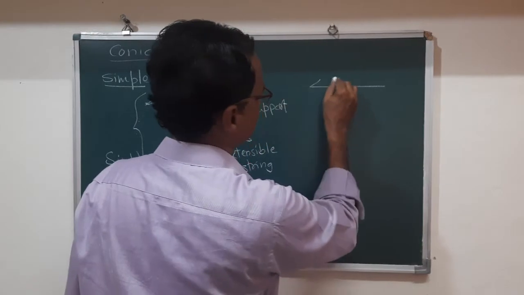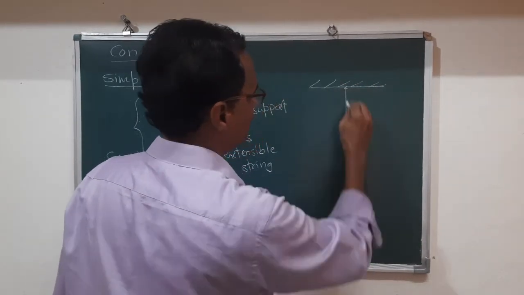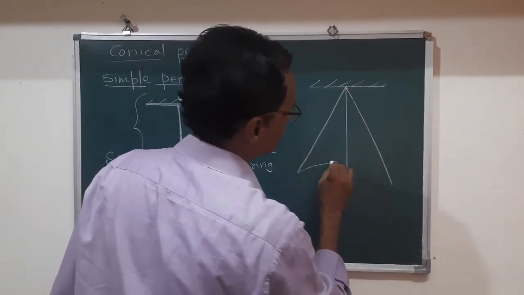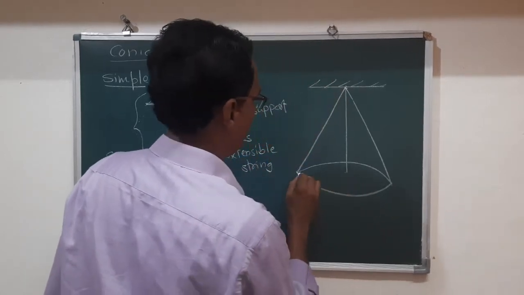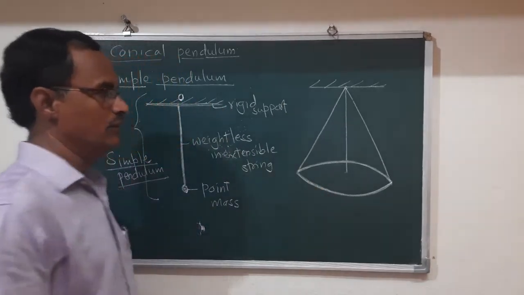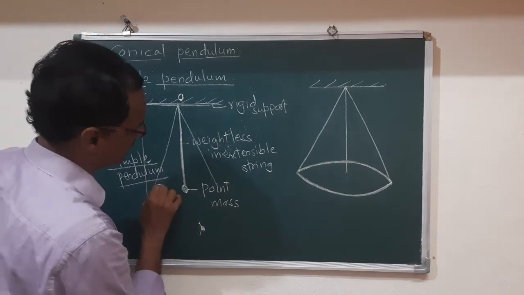Suppose this is a rigid support, this is the point of suspension, this is the string, and this pendulum performs the horizontal circular motion in this way. Now this is the conical pendulum, and here the simple pendulum is simply the straight line path.